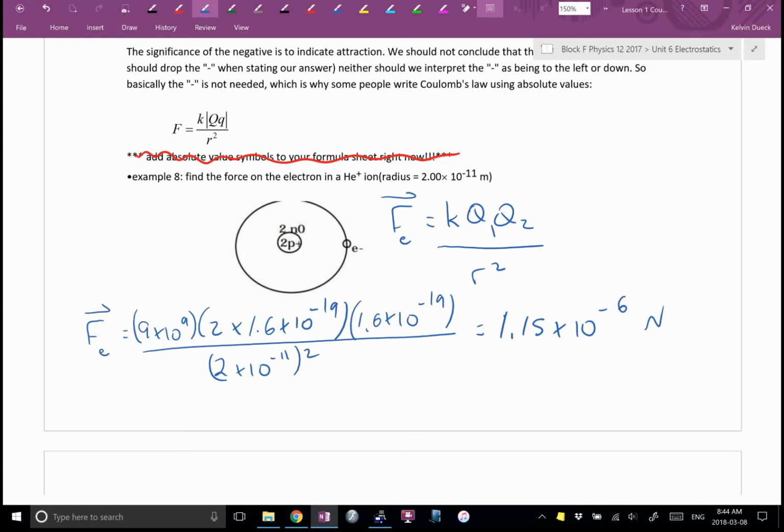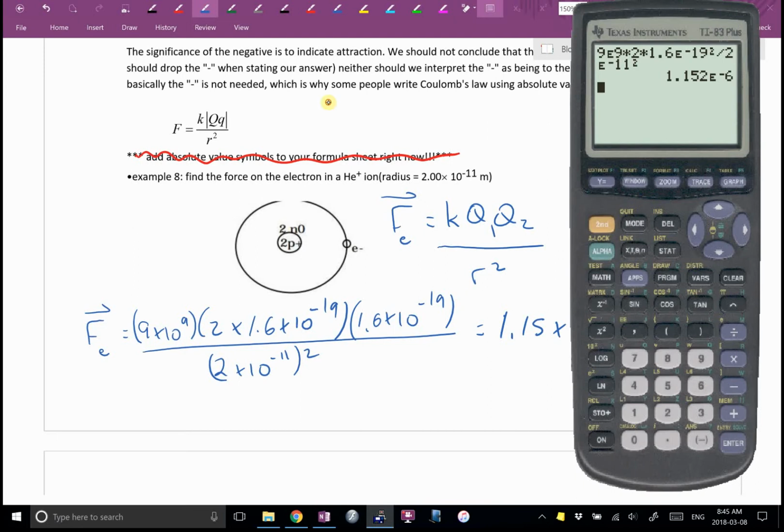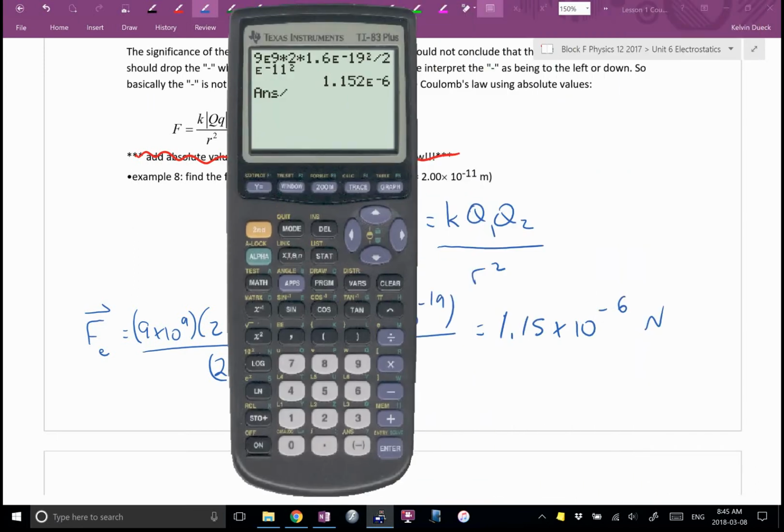Ira, F equals what? If I take that force and divide it by the mass of an electron, which is on your formula sheet, can you find the mass of an electron on your formula sheet? If I divide this by the mass of an electron, negative 31?